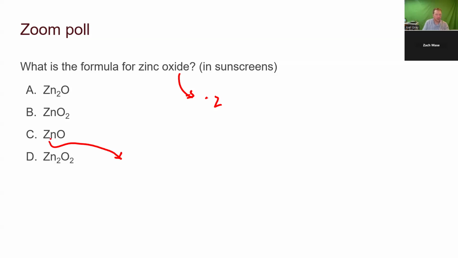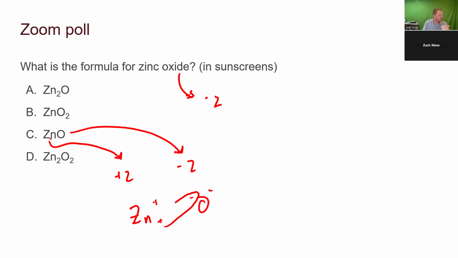Zn, the common ion for that is +2, O is -2, so Zn, and I always like to just do these little models, plus, O, minus. Oh, well, this is going to cancel and this is going to cancel. So oxygen is taking 2 electrons from zinc in order for this to form.